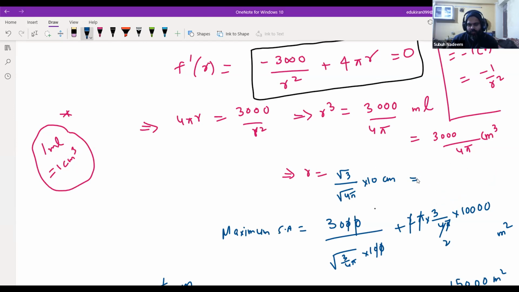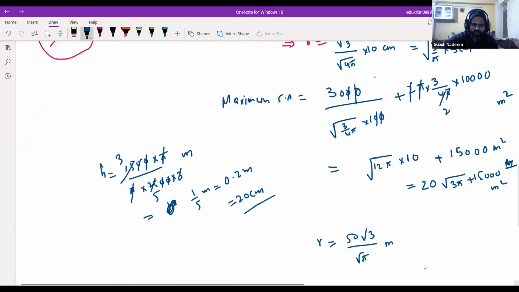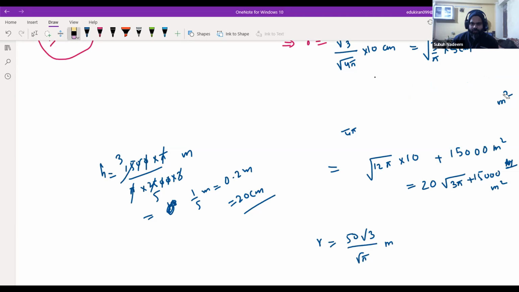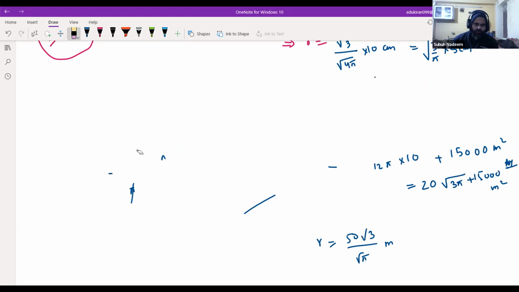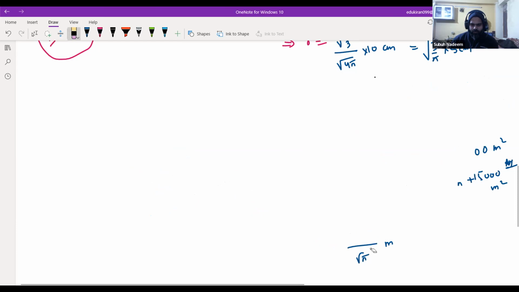So this will be root 3 by pi, and 4 will become 2 into 5 centimeter. We don't have to find the surface area. We need to find the dimension only. One milliliter is 1 centimeter cube.